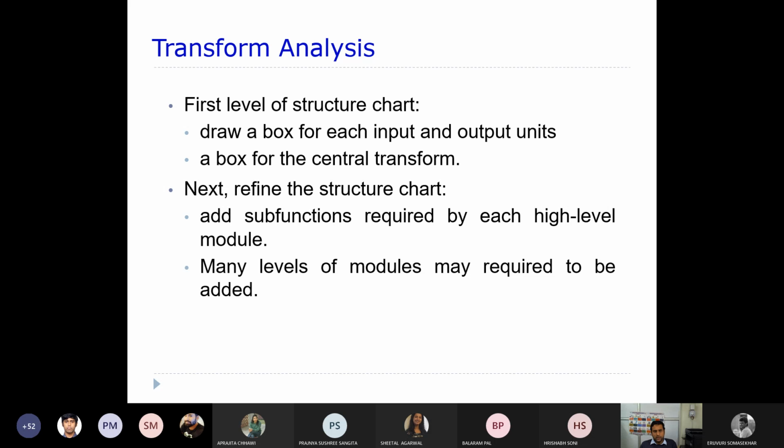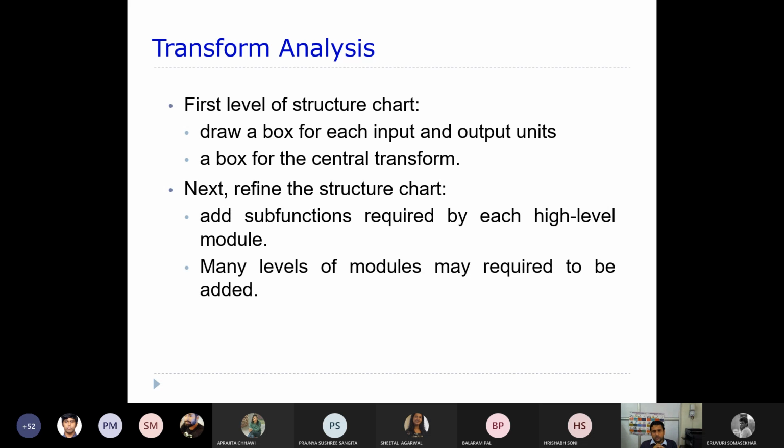The first thing you try to do, whatever inputs you have, is start with a first level of structure chart, right? For each and every input and output unit, you draw a box.